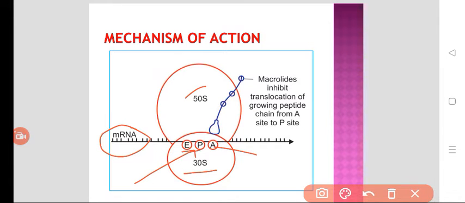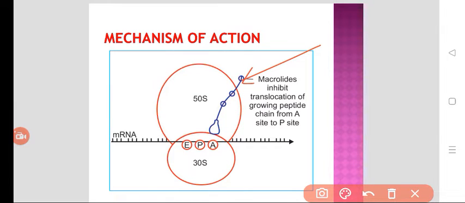Now what happens? Azithromycin binds to the 50S ribosomal subunit. When it binds to the 50S ribosomal subunit, it will inhibit the translocation from the A site to the P site, which means the A site is not available to accept the new amino acid.